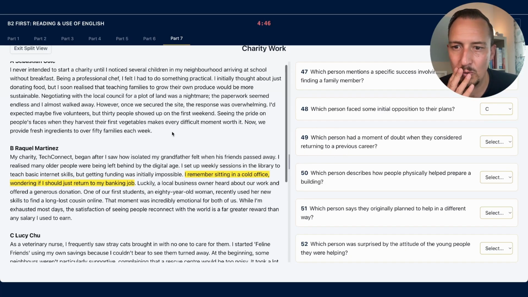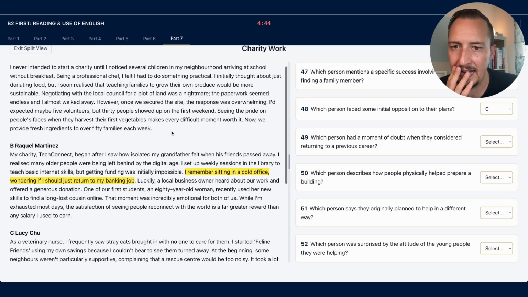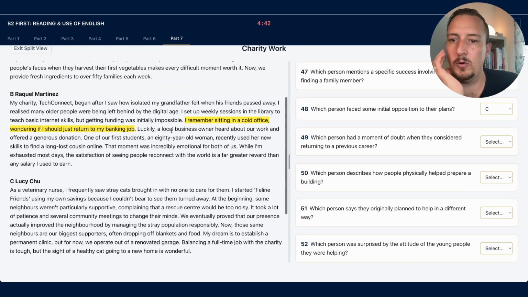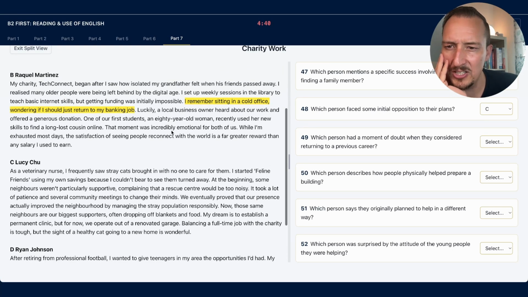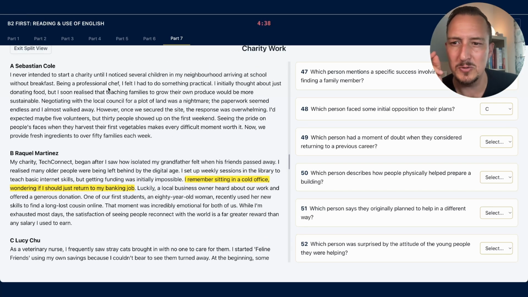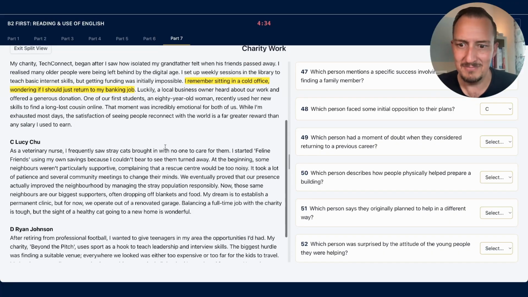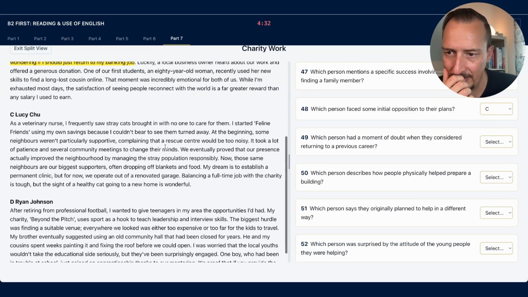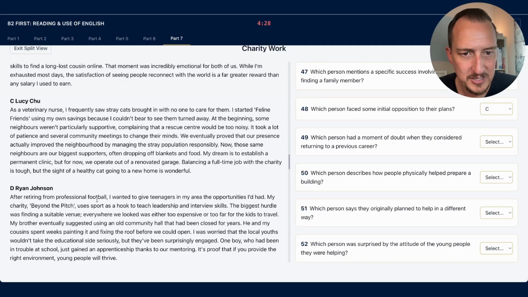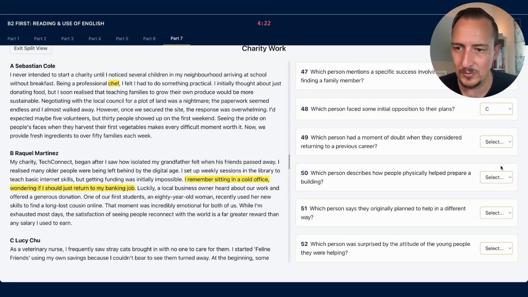Let's make sure that nothing else mentions previous careers. There was one talking about a chef, wasn't it? But that's not returning to the career. That's using the skill in the charity they're running. Veterinary nurse, still the same. Retiring professional football, there's no doubt expressed in this. So where was that doubt? It was in B. So the correct answer is B.